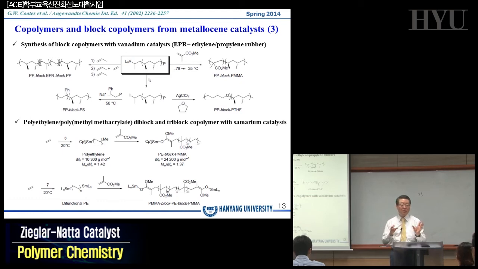And by using these catalytic systems, you can produce the high density and very distinct polymers of interest. And also, using the recent development of metallocene catalyst, you can produce functionalized PP and PE and other block copolymer systems, and so on. And this is what we call coordination polymerizations.